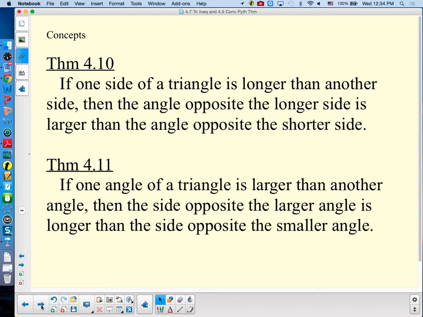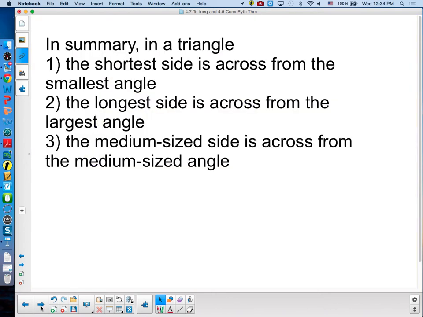Which side, why don't you grab your marker board? Which side is the longest? Next. So to find the longest side, let me put sides. I want the sides from longest to shortest.